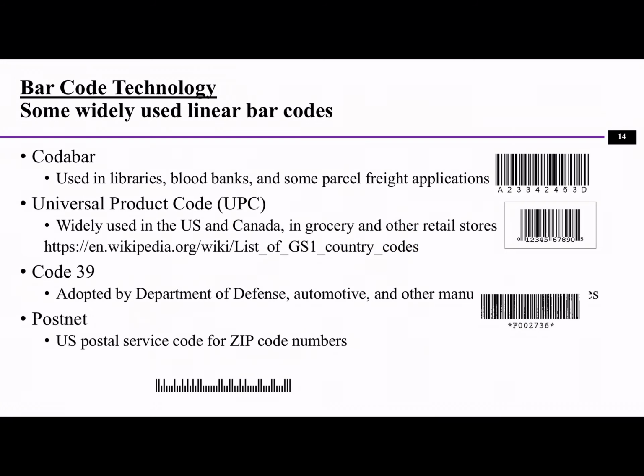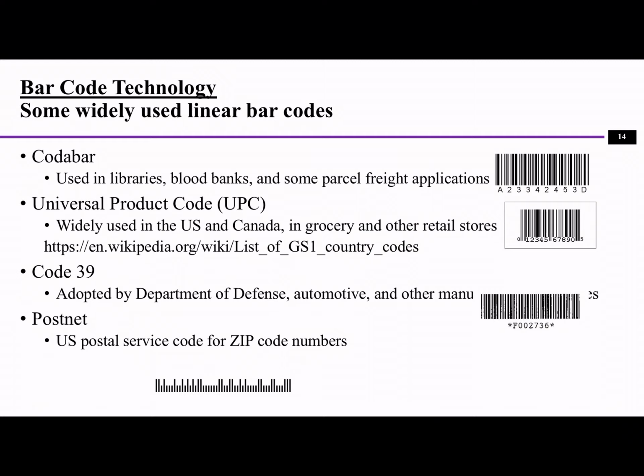Some widely used linear barcodes are Codabar, which has usually been used in libraries, blood banks, and parcel freight applications. UPC is mainly for grocery and retail store products. Also, Code 39 is often used in the Department of Defense, automotive, and some other manufacturing companies.